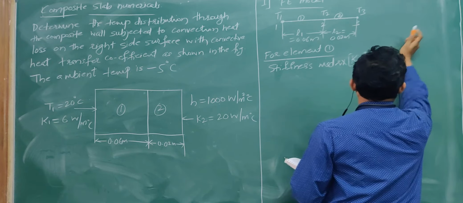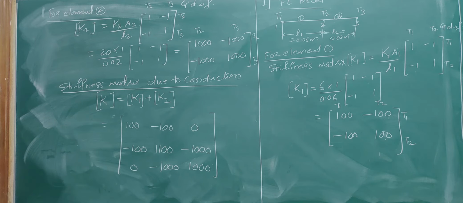Then 2 3 is minus 1000. Then 3 1 is not there, so it is 0. As it is a symmetric matrix, you can make use of that property and complete this matrix. So this will be minus 1000, and 3 3 is plus 1000. This matrix is only due to conduction.